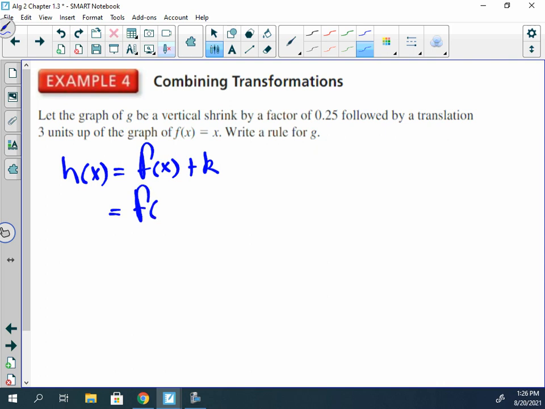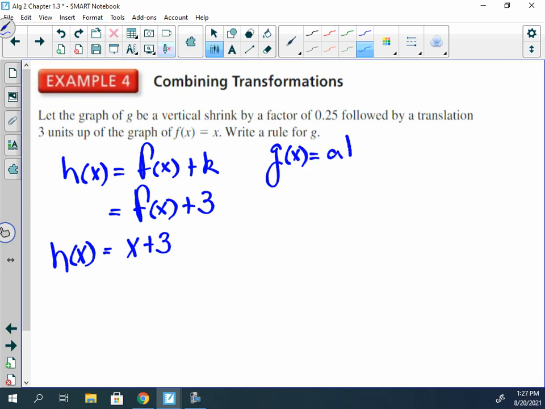Well, since we're moving it up 3, it's going to be f of x plus 3 because we're moving it up. Well, f of x is just x. So we just have x plus 3. Yes? So that would be our h of x. Vertical shrink would be next, so that'd be our a times h of x.